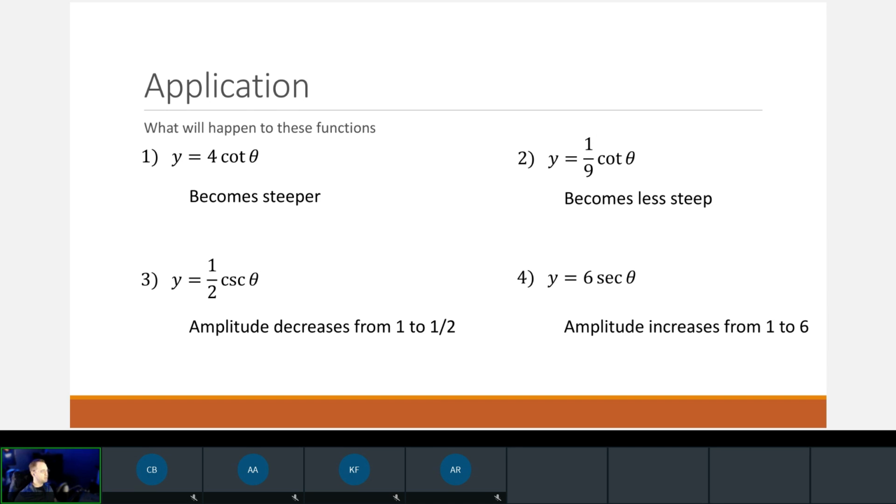Let's go ahead and everyone type in 3 and 4. I'm going to bring up my graph as well. 1/2 cosecant and 6 secant.